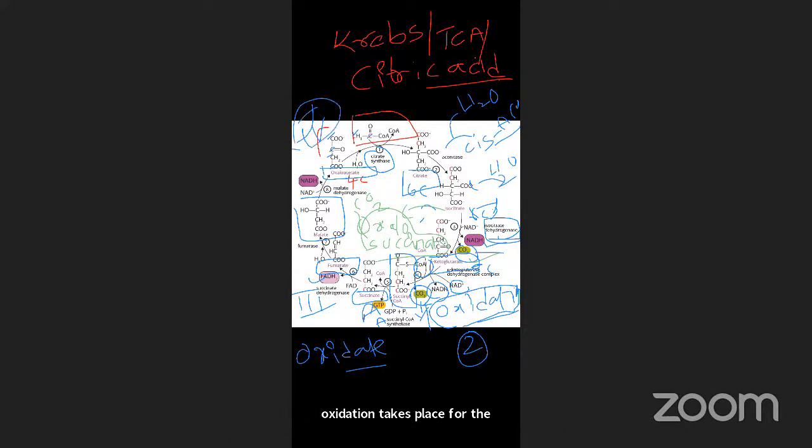Always remember, the oxidation enzyme is dehydrogenase, the hydrogen-removing enzyme. Finally oxaloacetic acid is formed from the malic acid after the oxidation process.